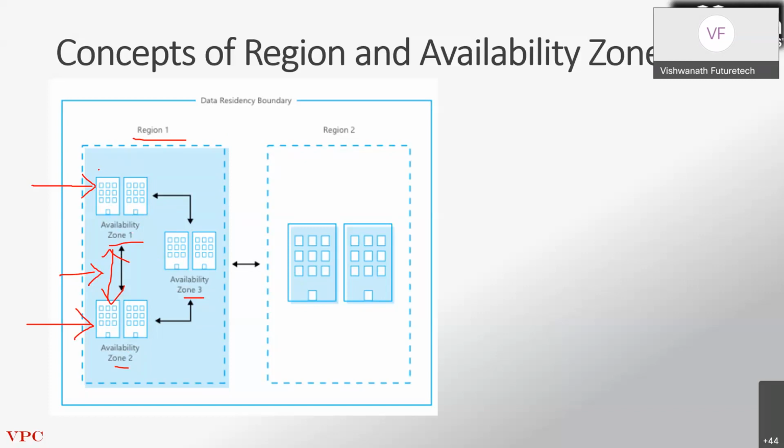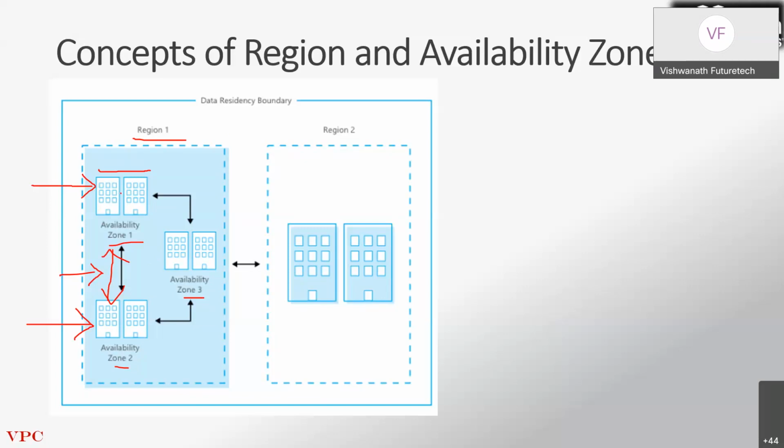Each availability zone is made up of multiple data centers. What is a data center? A data center is a combination of network, servers, switches, storage, and power and cooling, everything, right? So each has multiple such data centers.